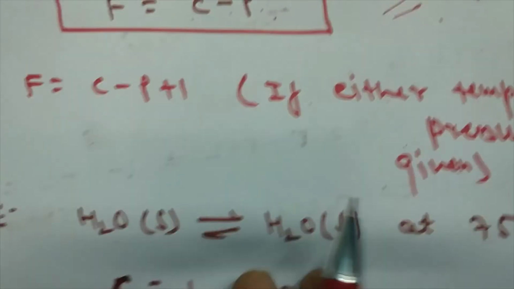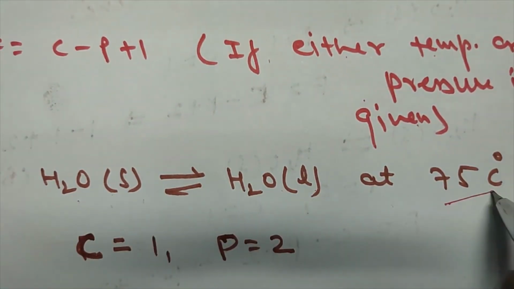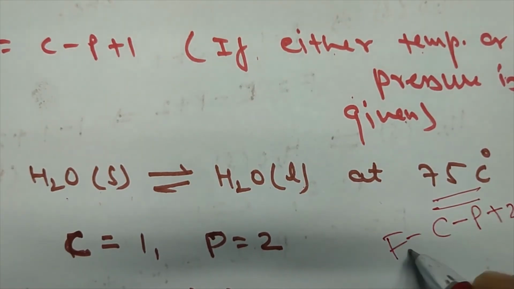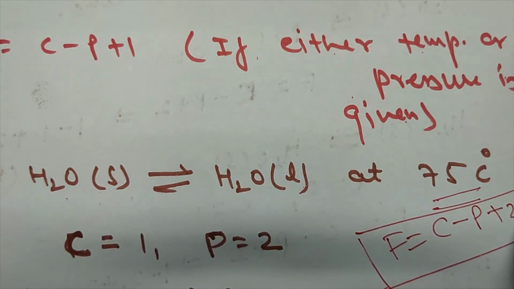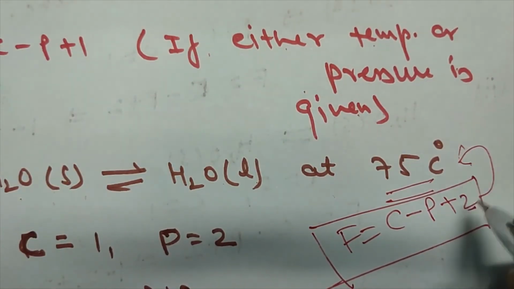But if it is mentioned, like H2O solid and H2O liquid at 75 degrees Celsius, it means C minus P plus 2 is equal to F is this formula, and it tells about the temperature and pressure, but one thing is already given to you, then it will be simply 1. This is known as the reduced phase rule.